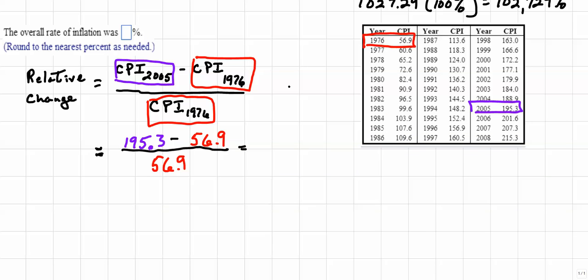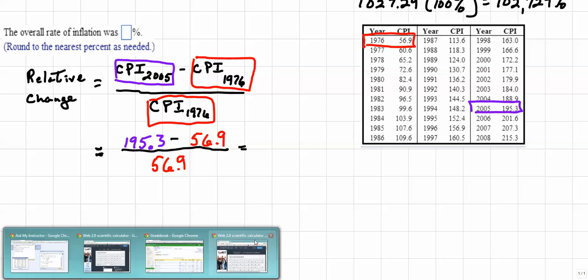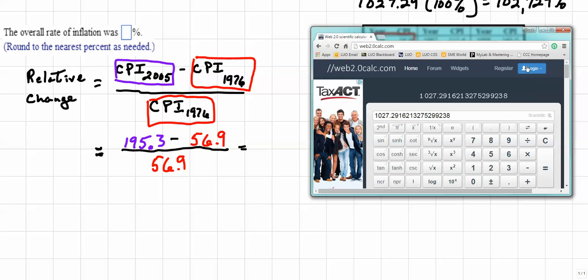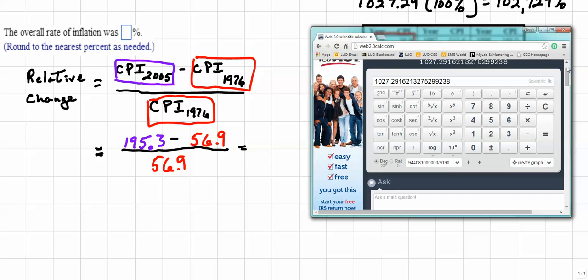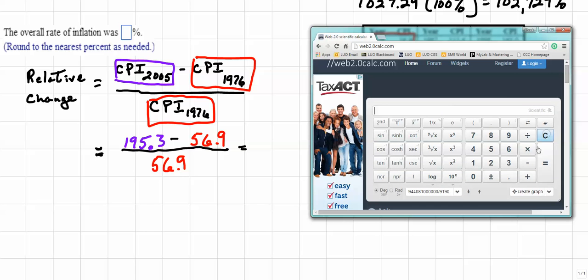Then we're going to type this into our calculator, and once again you can use Web 2.0 Calc if you want to. We'll clear the value here. And we'll open a set of parentheses, type in 195.3. We will subtract 56.9, close parentheses.